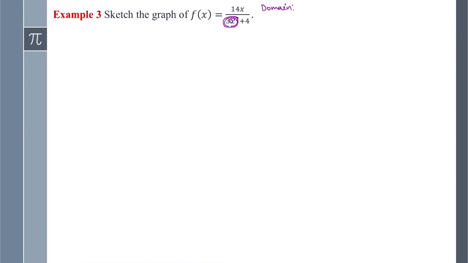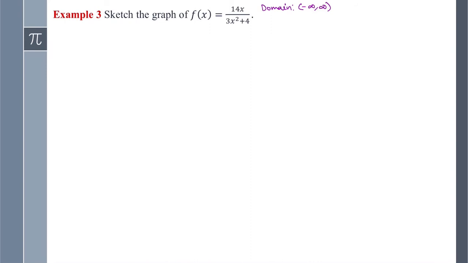A positive number plus a positive number, so we are always going to get a positive number in the bottom. There's no way we are going to get a 0. That means the domain of this function is all real numbers. There's no x value that can make the denominator equal to 0. No real x values, okay? So that is the domain.